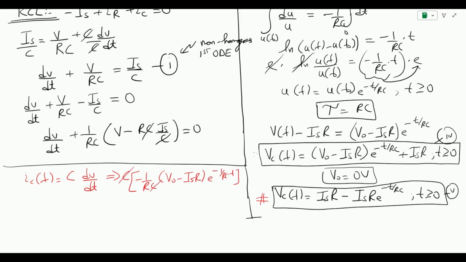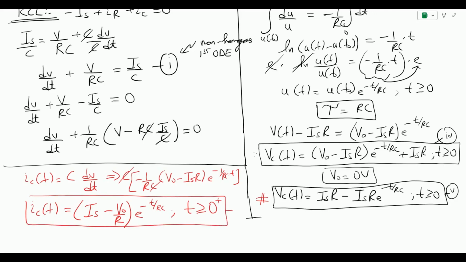So this capacitance cancels out, and the current at the capacitor is equal to IS minus V naught by R, e raised to the power minus t by RC for t greater than or equal to 0 plus. So this is equation number 6, which we use to figure out the currents flowing through the RC circuit.